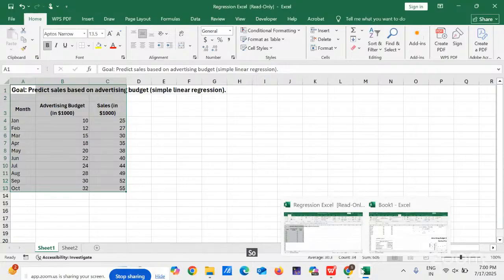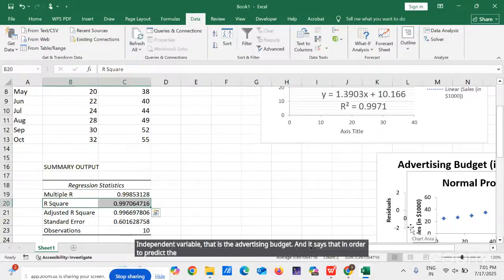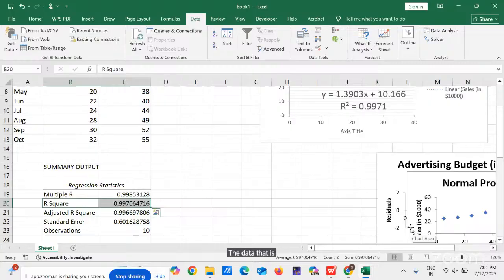We have got 99.71, which is very close to 1, a very good model. That is, 99% of the variation has been explained by this independent variable, the advertising budget. It says that in order to predict the sale, the advertising budget has a 99% role or influence, and just 0.1% is due to other factors.